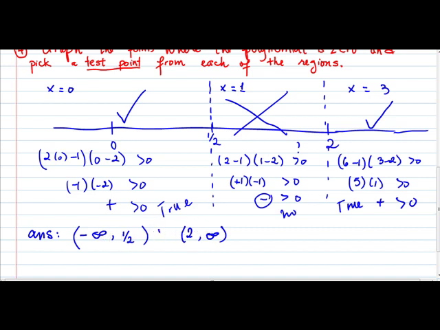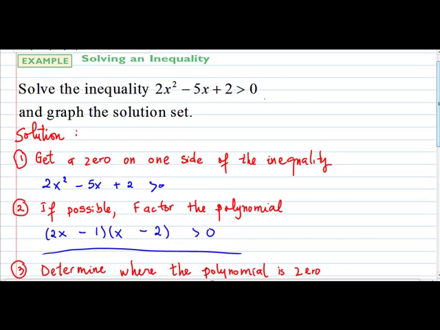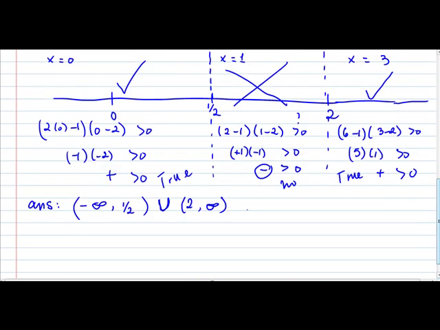We put a U, meaning union. Now, x cannot equal 1/2 or 2 because our polynomial is not equal to 0. Our polynomial is greater than 0, with no equal sign. So therefore, we put parentheses here at 1/2 and at 2. So this is our answer.